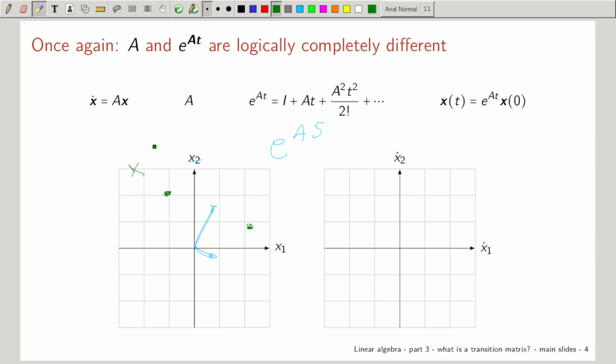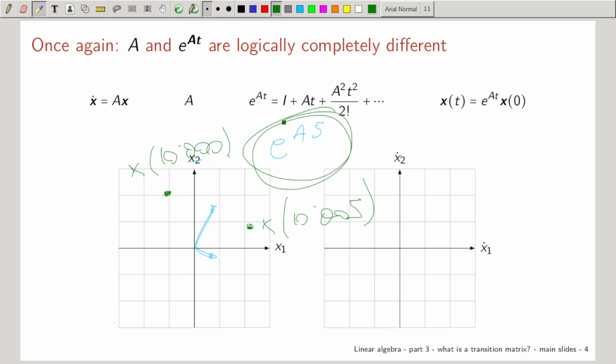If this is x of 10,000, this is going to be x of 10,000.5. Are we together? Because of the time component, every initial condition has this interpretation of where I take my initial conditions in t seconds, minutes, whatever it is.